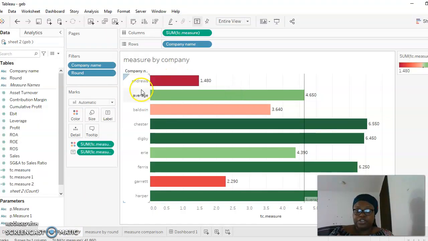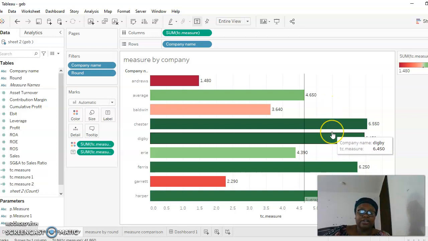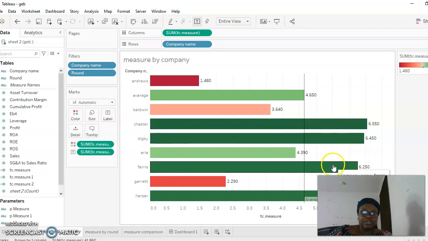The first sheet is measured by company, so we can see how each company performed in the market. The industry average is 4.651, and you can see which companies are performing as well as the others. 4 companies are performing better than the industry average.